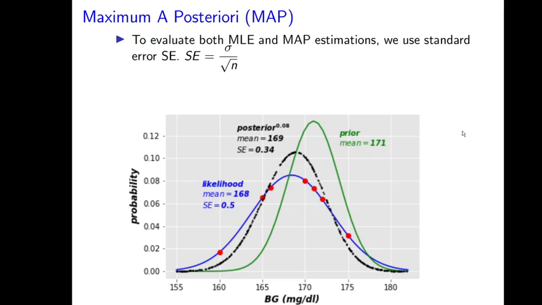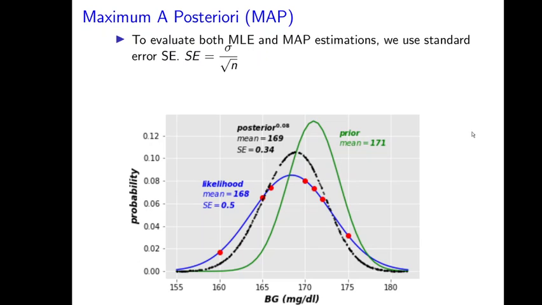And to evaluate both maximum likelihood estimation and maximum a posteriori estimation, we can use a very common metric in this context, which is called the standard error. Actually, standard error is a very popular metric that indicates the reliability of a standard expectation or a standard average.